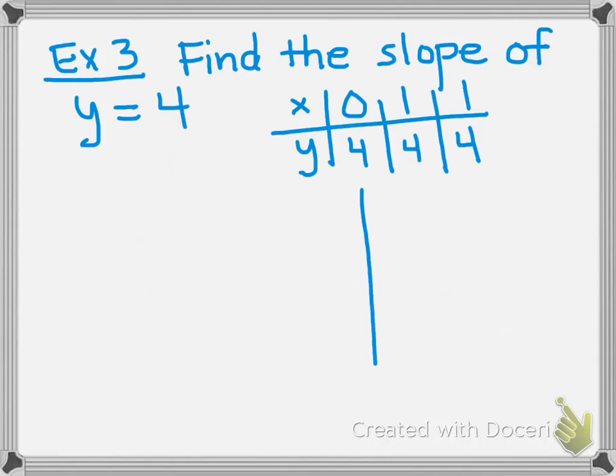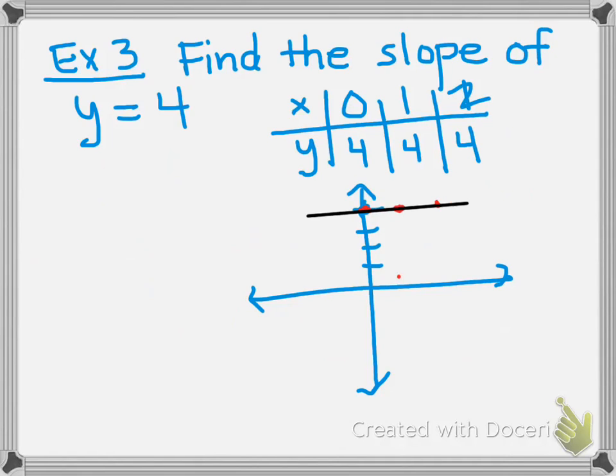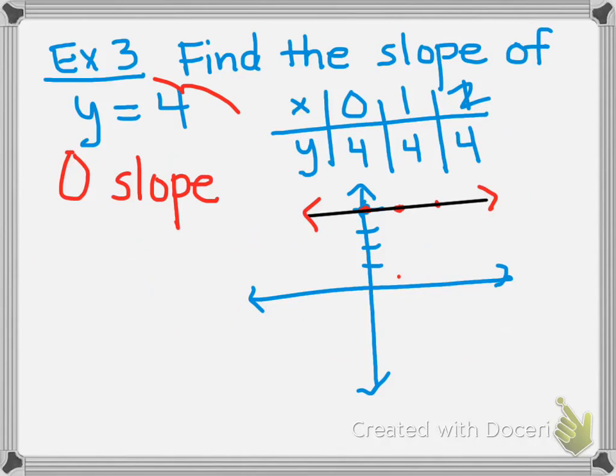So if we graph this, 0, 4 is here, 1, 4 is here, oops, 2, 4, let me make that right. 2, 4 is here. Okay, so this is y equals 4. And if you notice that, that makes a 0 slope. So whenever you make a y equals, the slope is going to be 0.